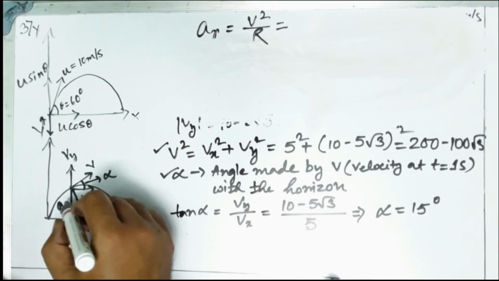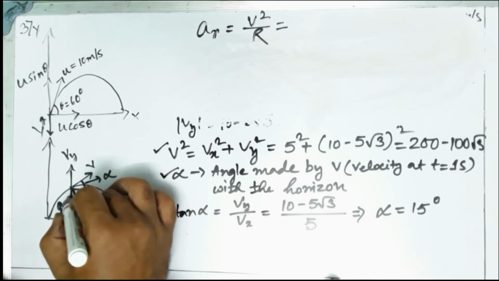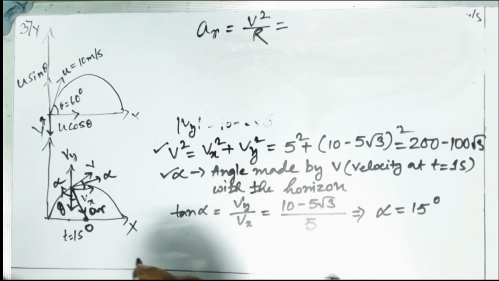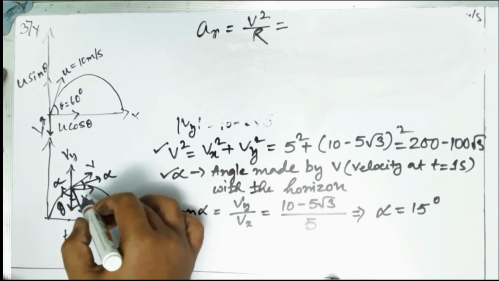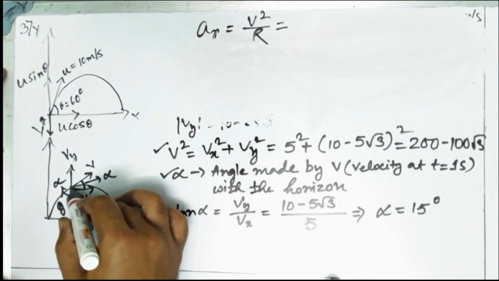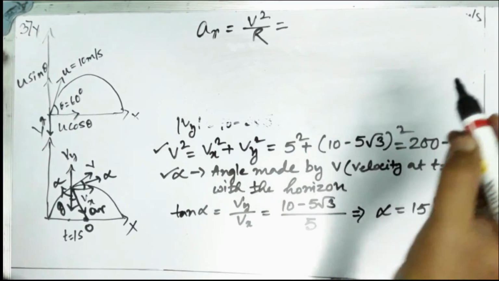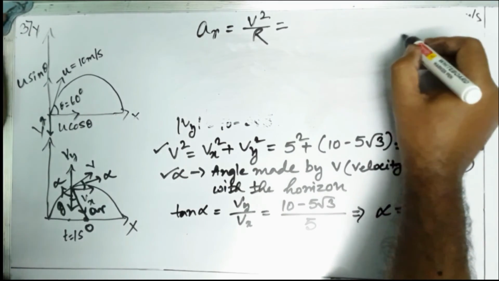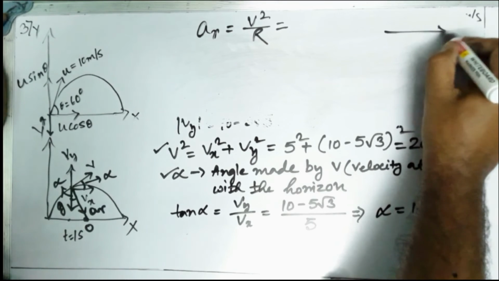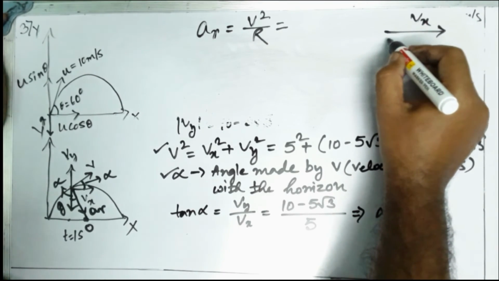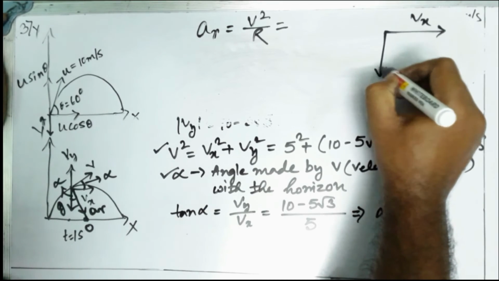What is the angle between g and AR? It will also be alpha. Why? Because g is perpendicular to Vx. We draw this in a broader picture. Let's say this is Vx, and this is g.